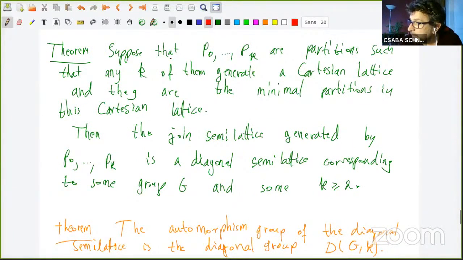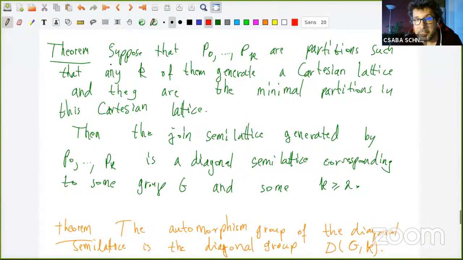One can ask whether it's possible to axiomatically characterize these diagonal semilattices. What we were after in this research was some sort of axiomatic characterization that didn't require a group to start with. We wanted a result which says that if you have such a lattice or such a set of partitions, then there will be an underlying group. And this group will determine a diagonal graph, and it will also determine a diagonal group.